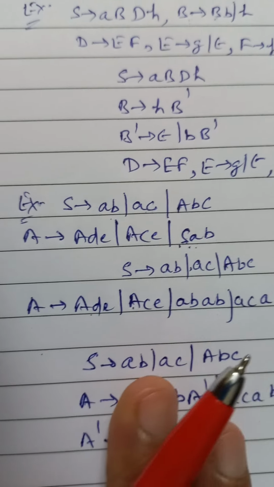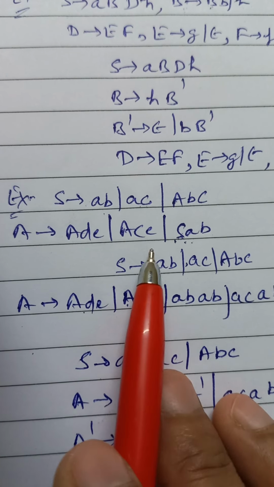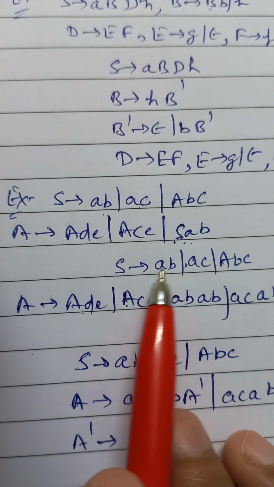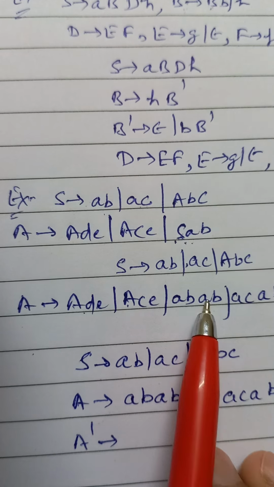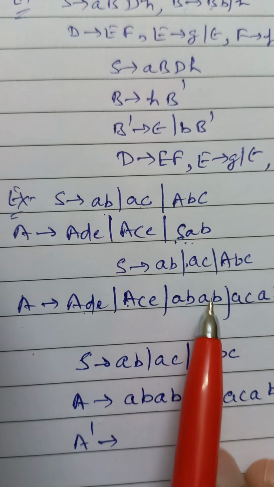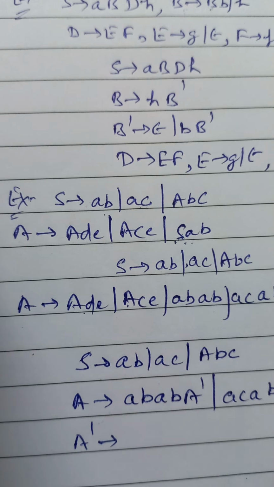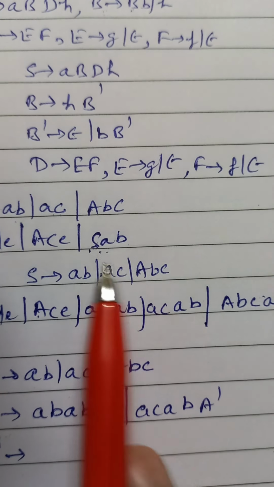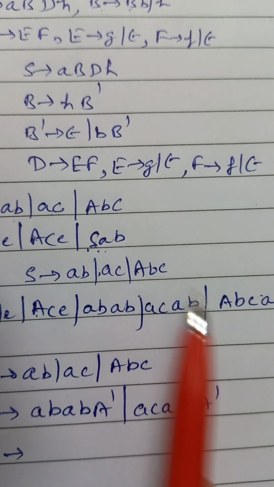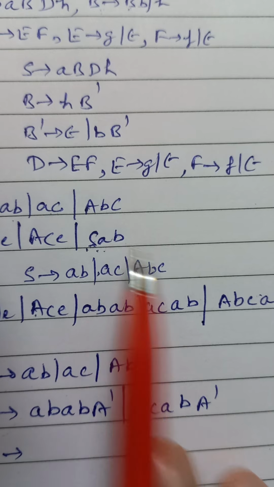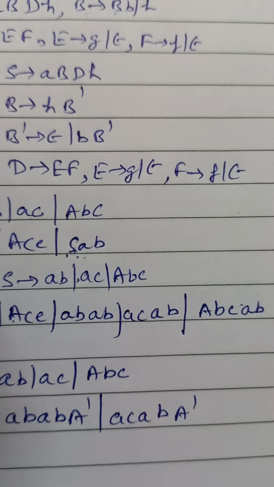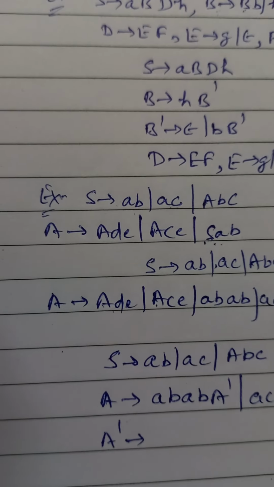So we will write A tends to ADE | ACE, and instead of S, what can we write? AB, so we write ABAP. Instead of S, we can write AC, so we write ACAP. And instead of S, ABC, so we write ABCAP. So now these are the new productions for A.